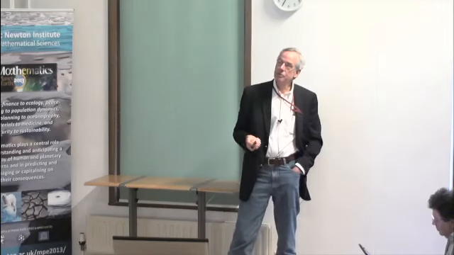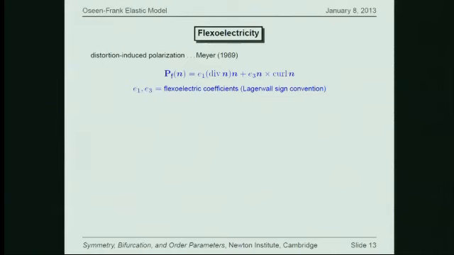And then this could couple to an electric field, or it could even lead to the development locally of an electric field. E1 and E3 are known as the flexoelectric coefficients.